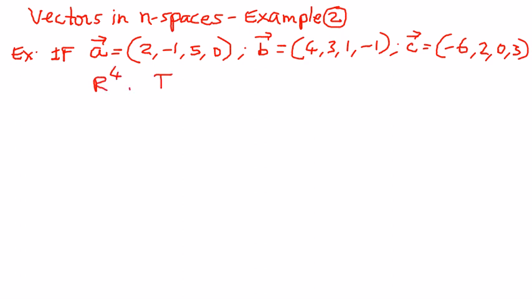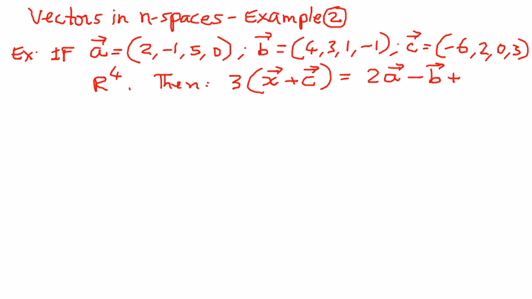want to solve this equation: 3 times vector x plus vector c is equal to 2 times vector a minus vector b plus x.